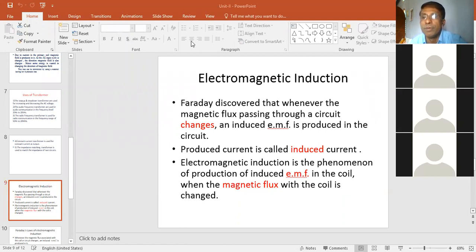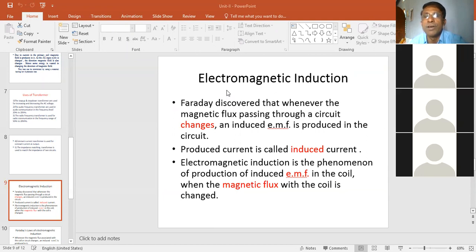So very simply, you can simplify it as magnetic lines of force. Magnetic lines of force are called the magnetic flux. Okay. So whenever the magnetic flux passing through any closed circuit changes, the EMF is induced in the circuit.